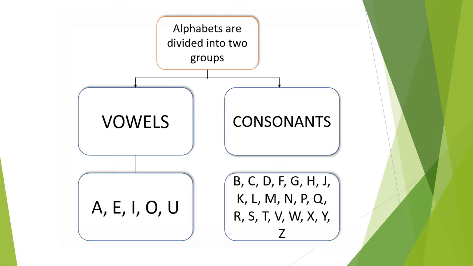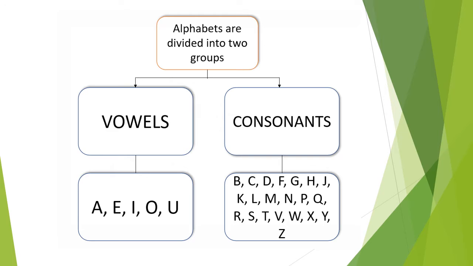Dear students, as you know, the English alphabet consists of 26 letters that ranges from A to Z. Furthermore, alphabets are divided into two groups, vowels and consonants.